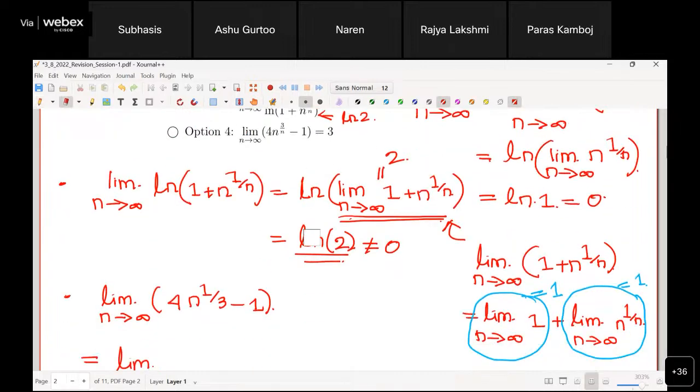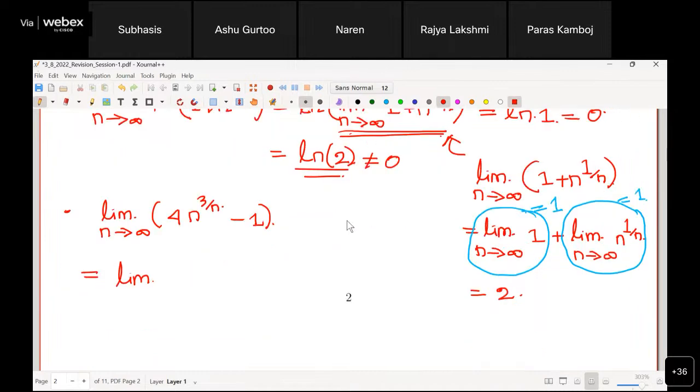Okay, yeah. As you can see, if I take n tends to infinity, then we have limit of 4 n power 3 by n minus limit n tends to infinity 1.